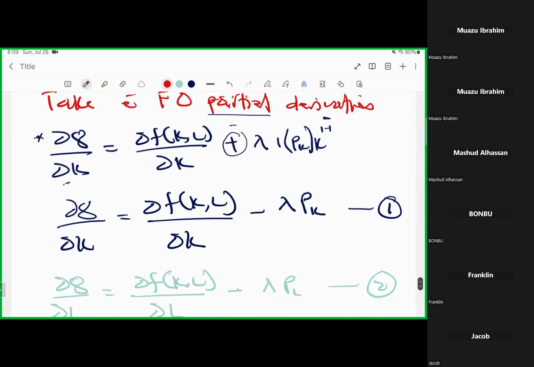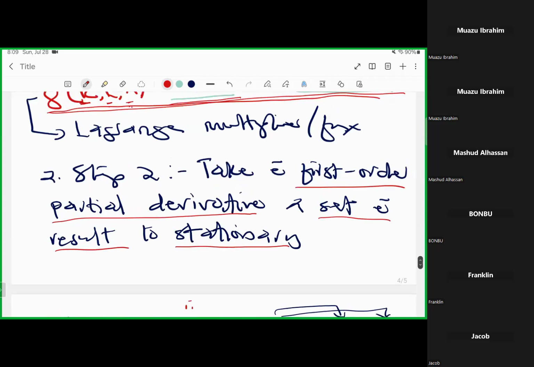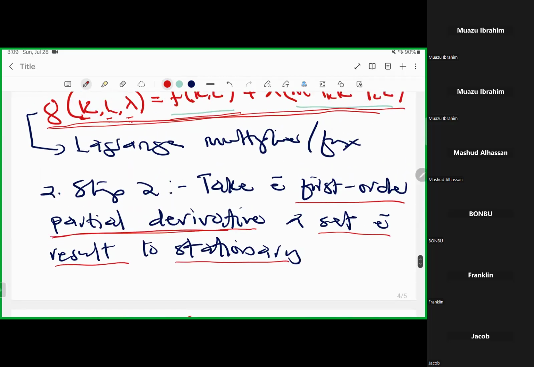Remember, we have done the first order partial derivatives. The second condition is telling us to do what? To set the results to stationary.